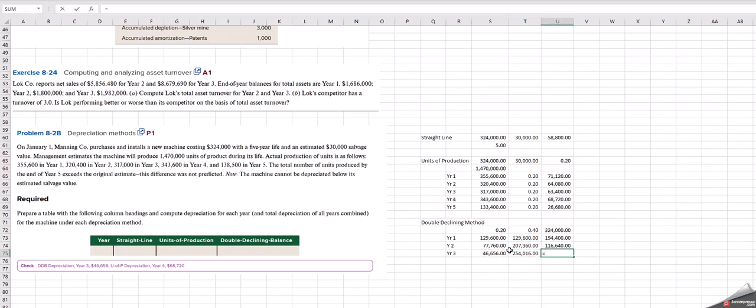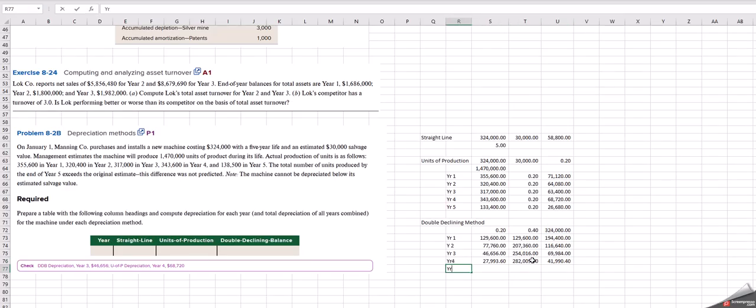And then we are going to subtract that from the cost, and we'll take that book value times the 40 cents or 0.4, 40%. Now then add that to our accumulated depreciation. And then now subtract the cost minus that accumulated depreciation, and we're down to that.